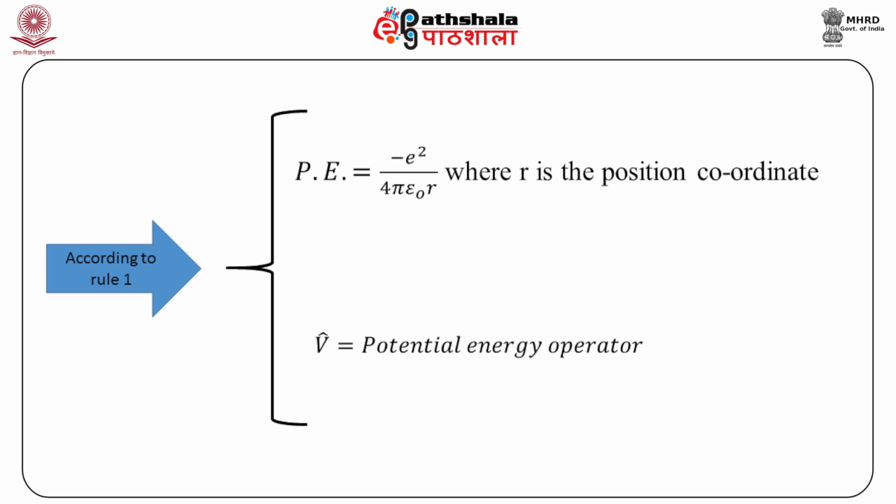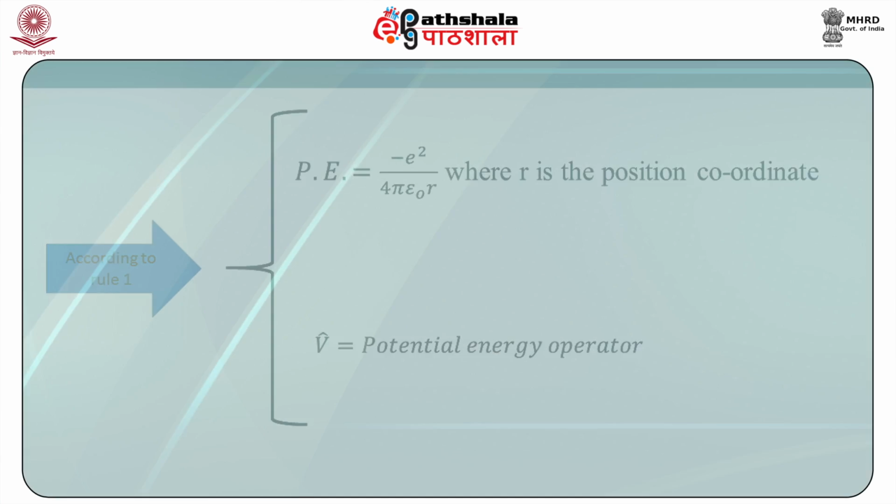The classical expression which we have written here is the potential energy of an electron in a hydrogen atom, and we are assuming that the electron is at a distance r from the nucleus. So its classical expression is potential energy equals minus e square upon 4 pi epsilon 0 r, where r is the distance between the electron and the nucleus.